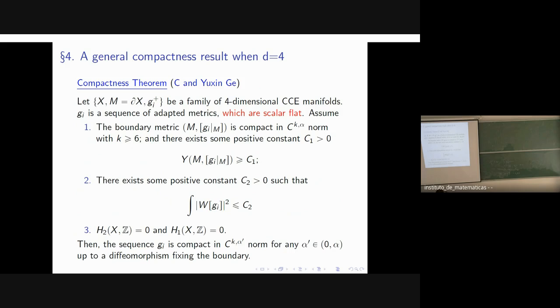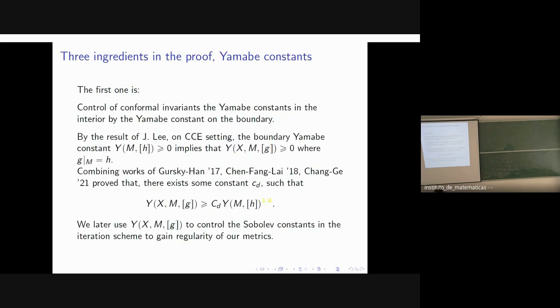In the first two lectures, I tried to give a lot of background on the first two ingredients. The first one is control of the Yamabe constant, which I talked about yesterday: if the boundary Yamabe class is greater than or equal to 0, then we want the interior Yamabe invariant to be greater than 0.